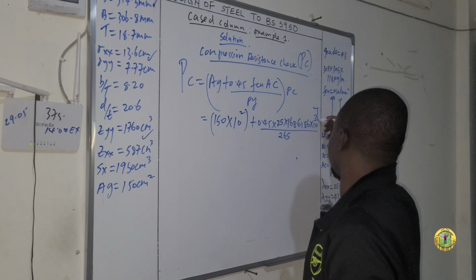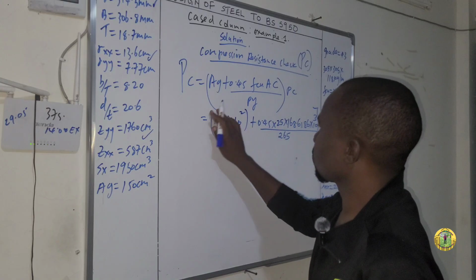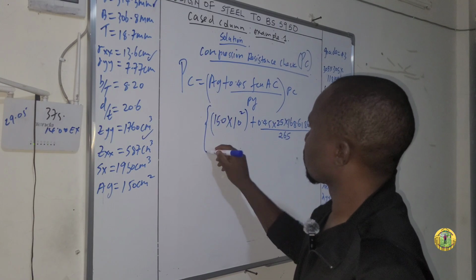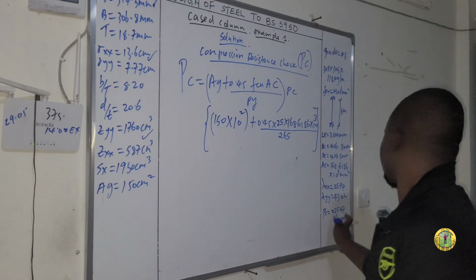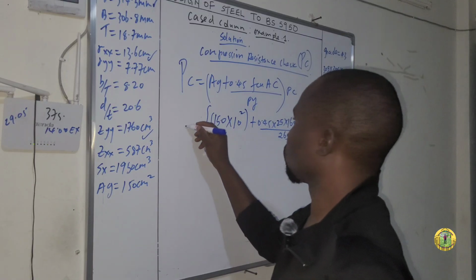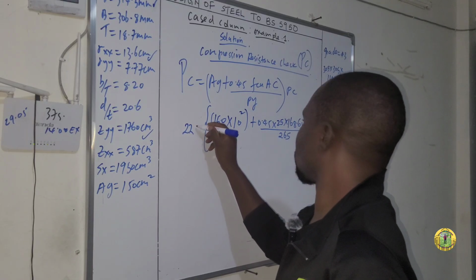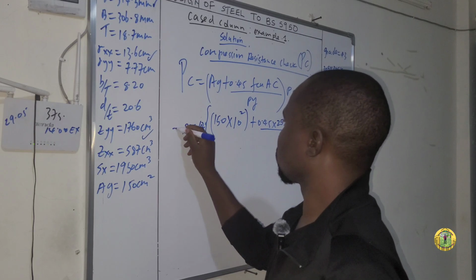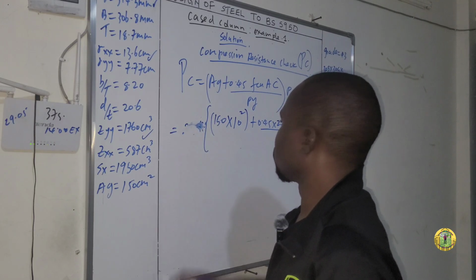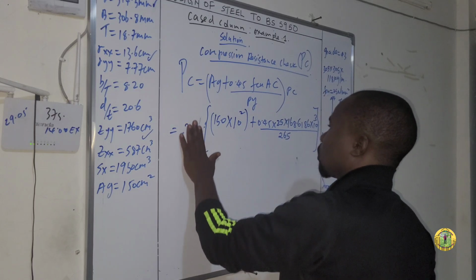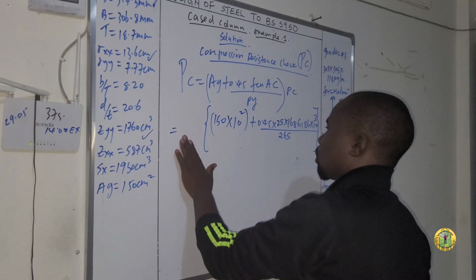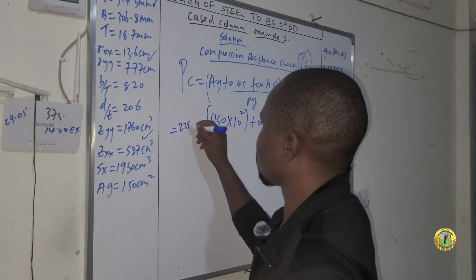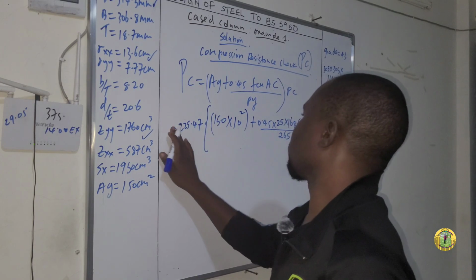And remember to multiply everything by PC, which is 225.47.